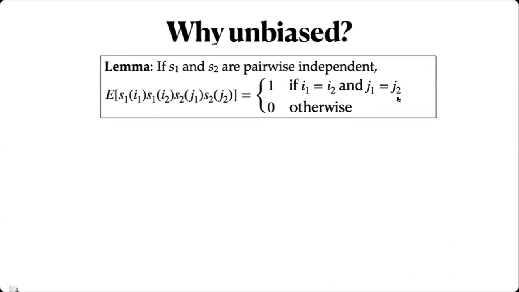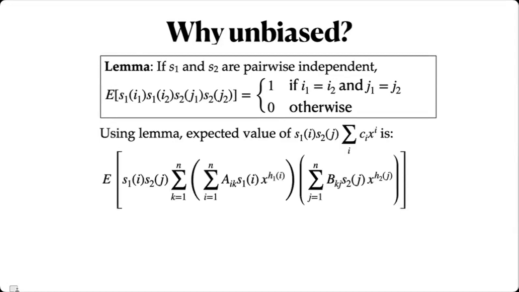Otherwise, one of these things is going to have expectation 0 and be independent of the other things. So when we compute this estimator, there's going to be a lot of things that have a 0 expectation.